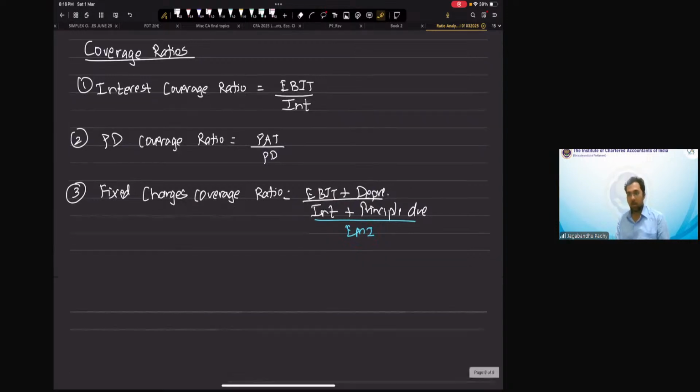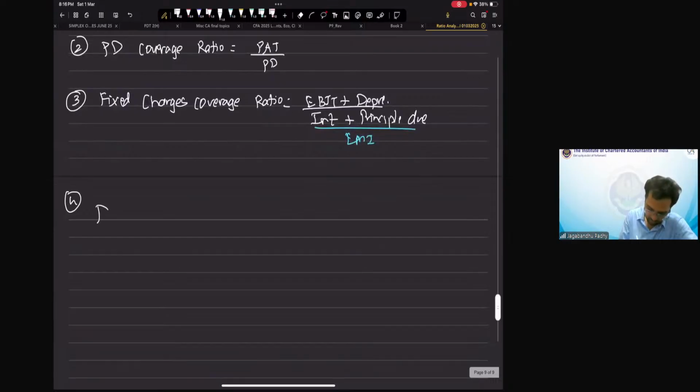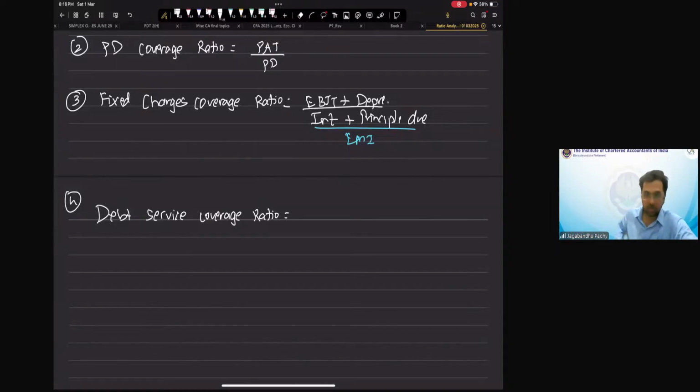Okay. One more ratio which is more relevant is the debt service coverage ratio.